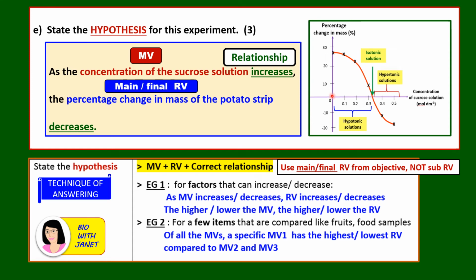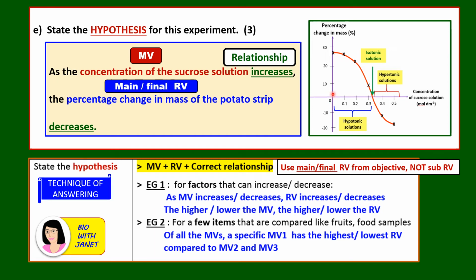Here we can see the concentration of sucrose solution increasing from 0 until 0.5, right? Now, what solution is it that has a concentration of 0% sucrose? Actually, it's distilled water, right? This one is distilled water.